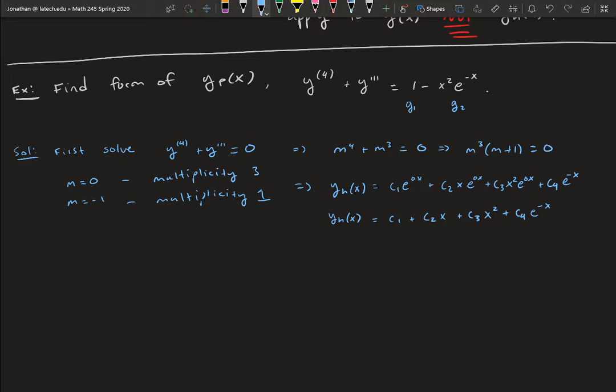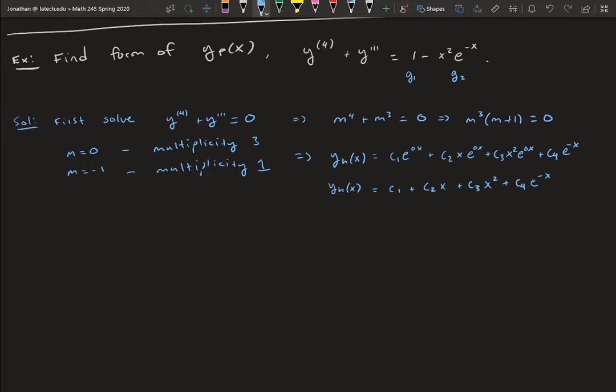Now, normally we'd guess yp of x equals, well, for the first function, g1, normally we would just guess a constant, A. But that's not good enough, right? We already have a constant right here, C1.